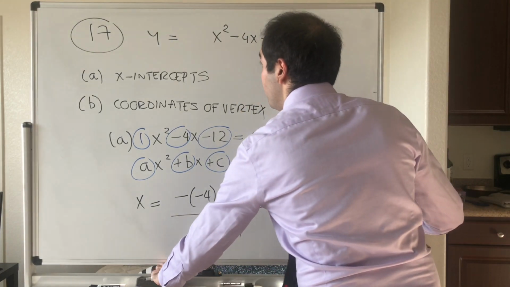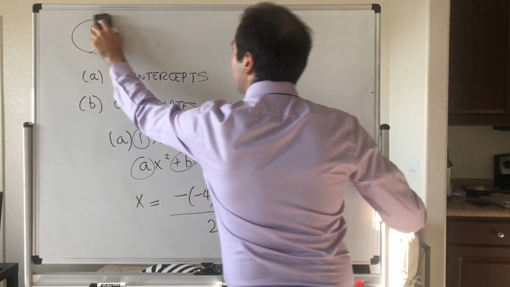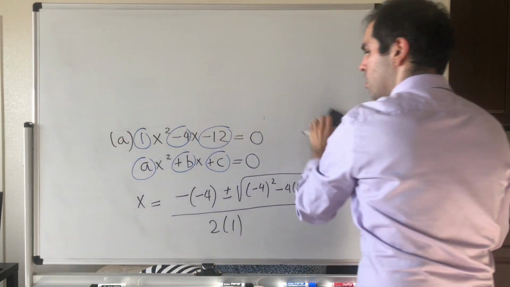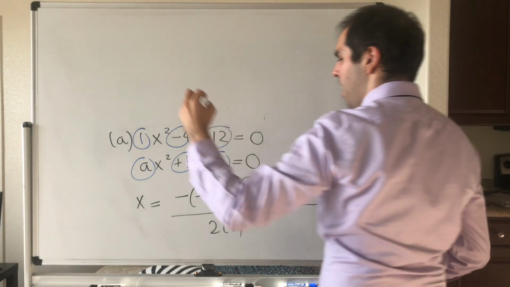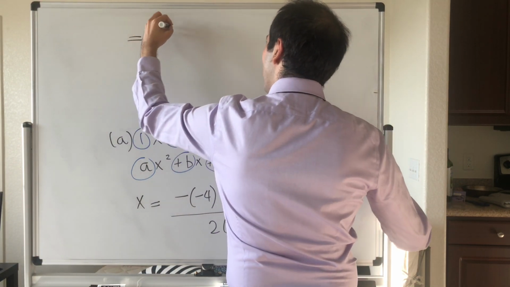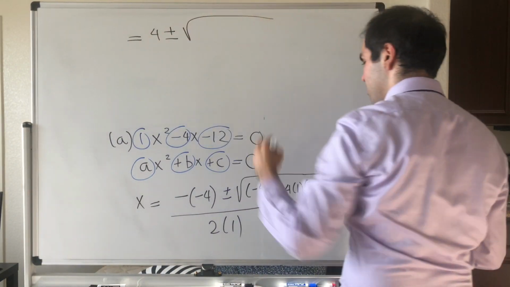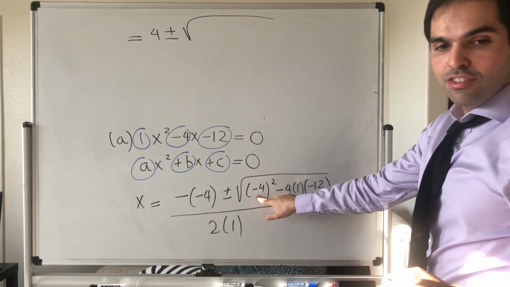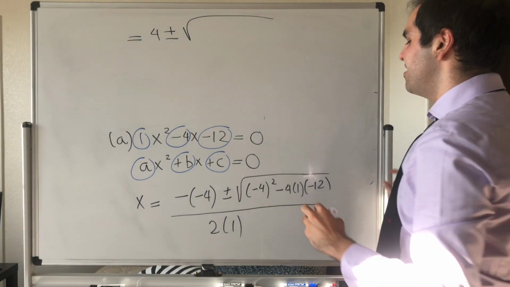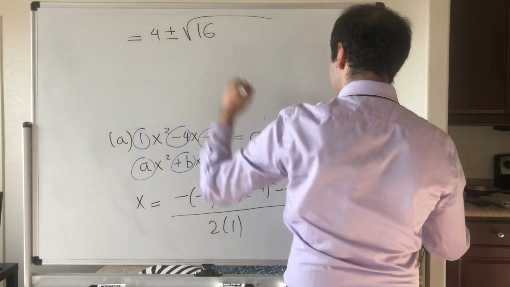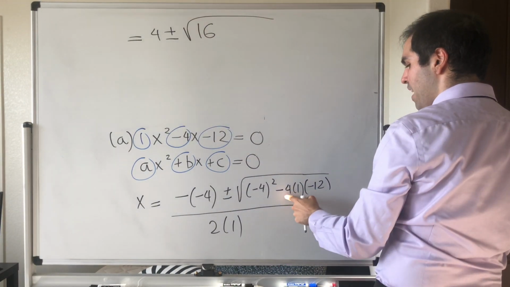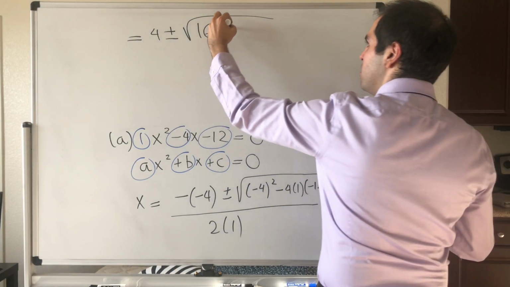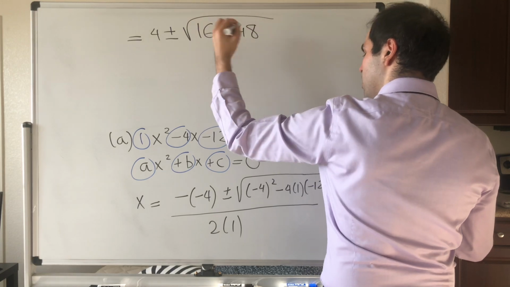And you can simplify this. Then this becomes minus minus 4, which is 4, plus or minus, again, square root of minus 4 squared, be careful, that is 16, not minus 16, and then minus 4 times minus 12, it's plus 48, okay, over 2.